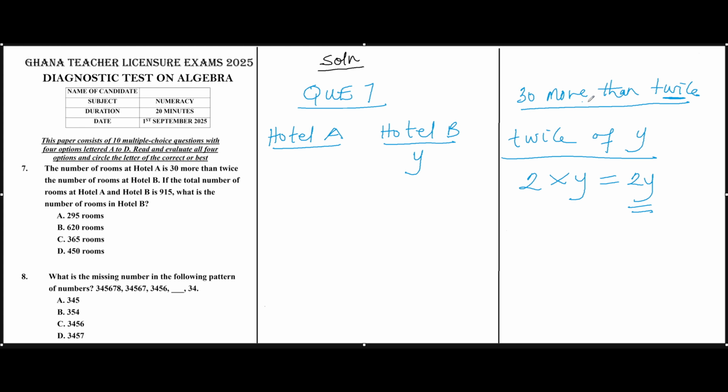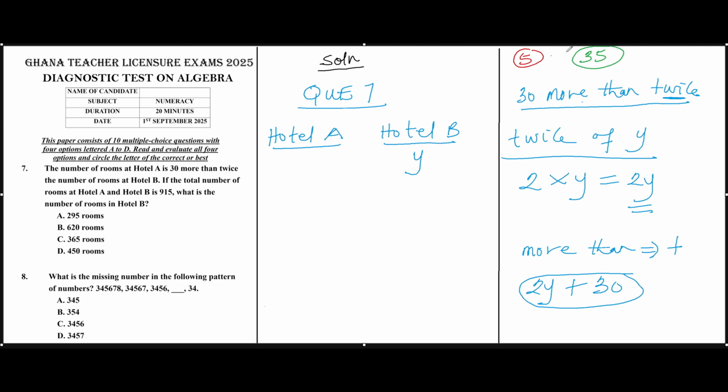Now, how do we write 30 more than twice? 30 more than 2Y. In algebra, more than implies addition. So 30 more than 2Y is 2Y plus 30. Let's pick it from this angle: if I ask you to write a number which is 30 more than 5, the number will be 35.